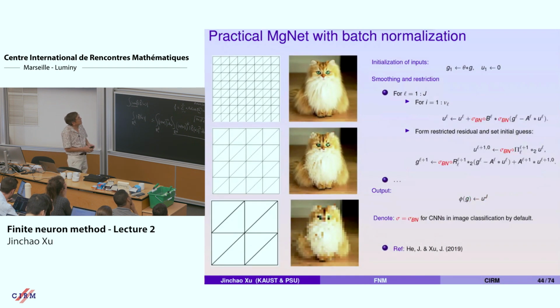I don't want to tell you too much, but you replace this by an activation function with batch normalization. That would be what I call MGNet. It is identical in structure with geometric multigrid, but all this convolution, all these things will need to be trained.